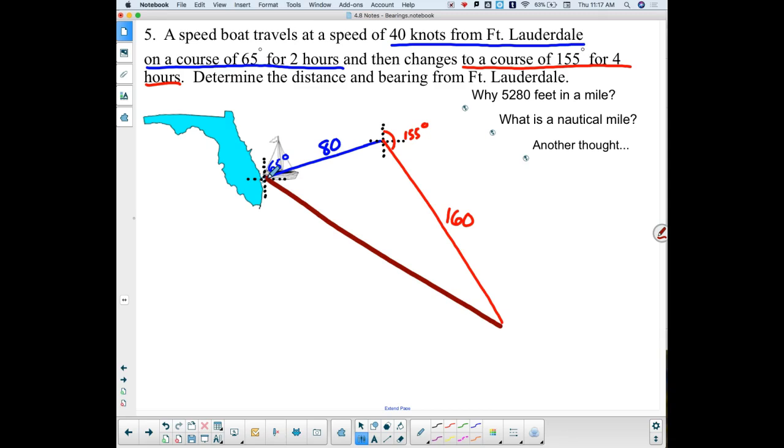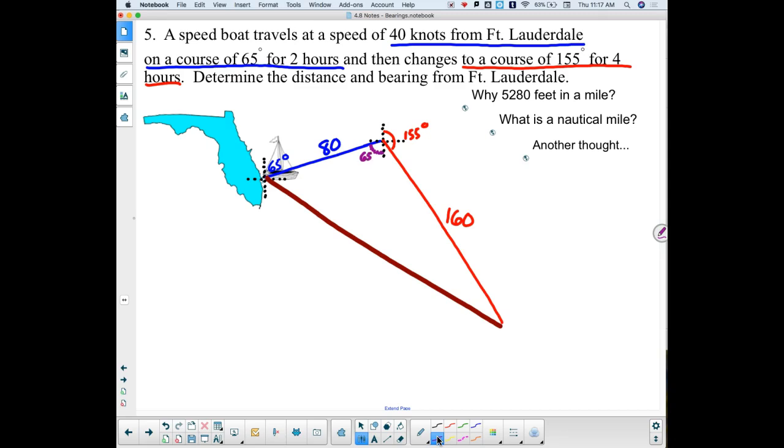Well, let's figure out stuff that we know. What is this purple angle right in there? It's not the complete angle of the triangle, but it's close. That's 65 because of parallel lines. That's alternate interior angles.